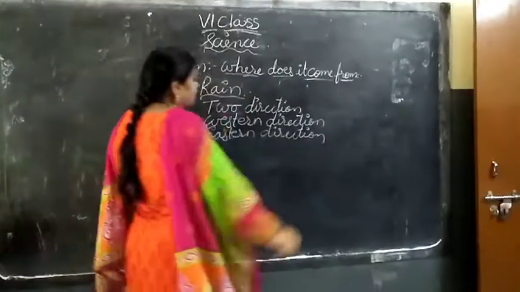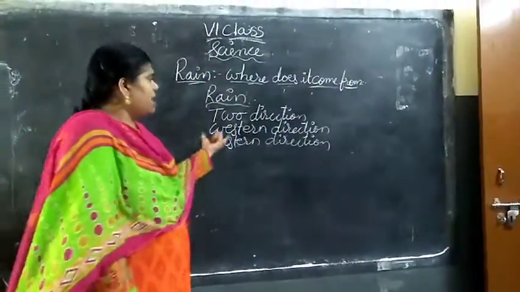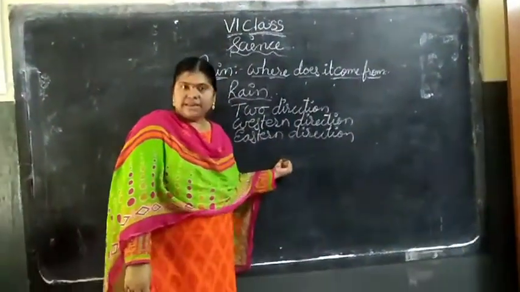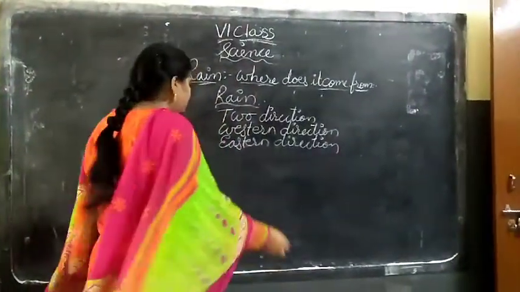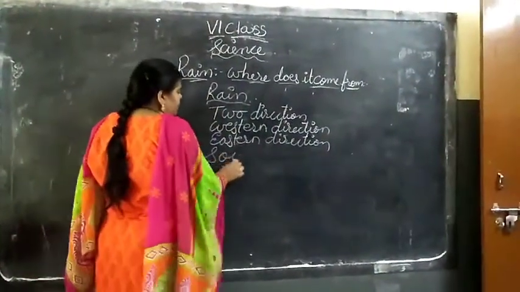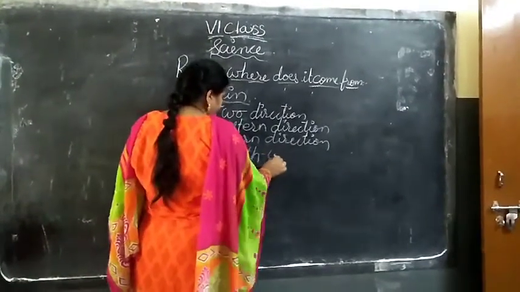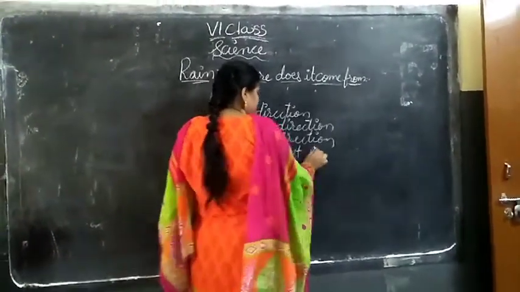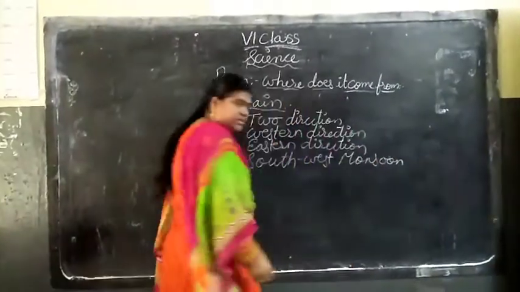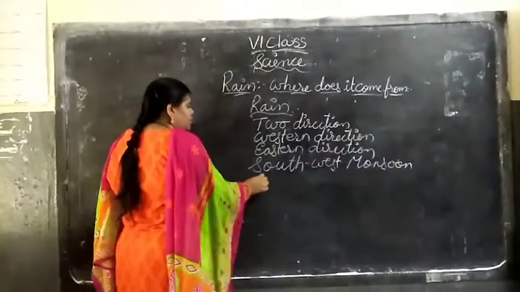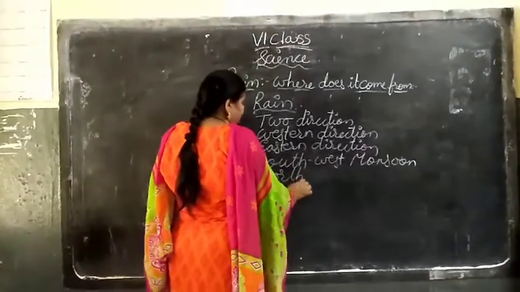The wind blows in two directions, western and eastern. When we come to this, we have two types of monsoons, that is the southwest monsoon and the northeast monsoon.